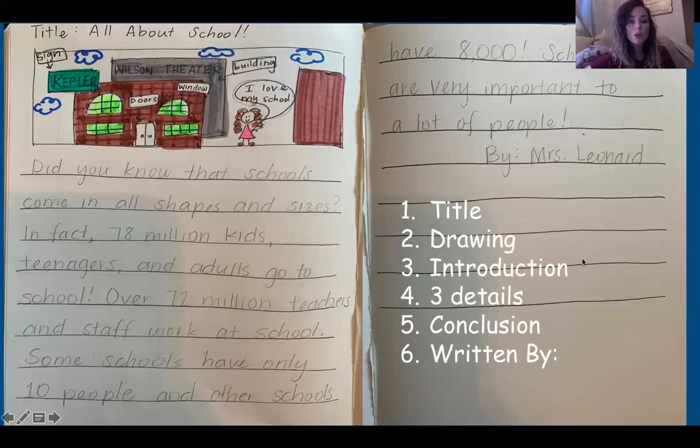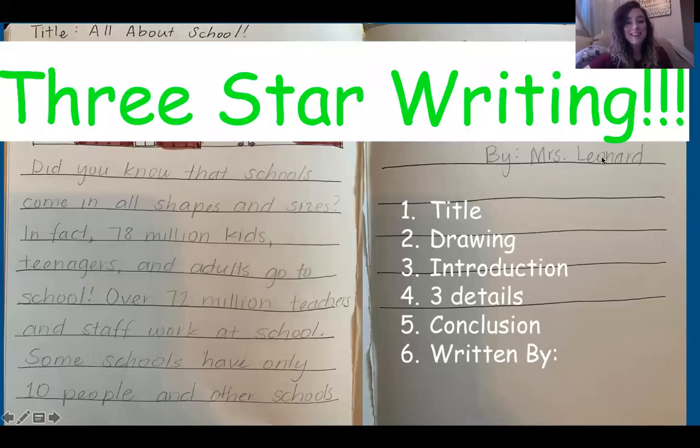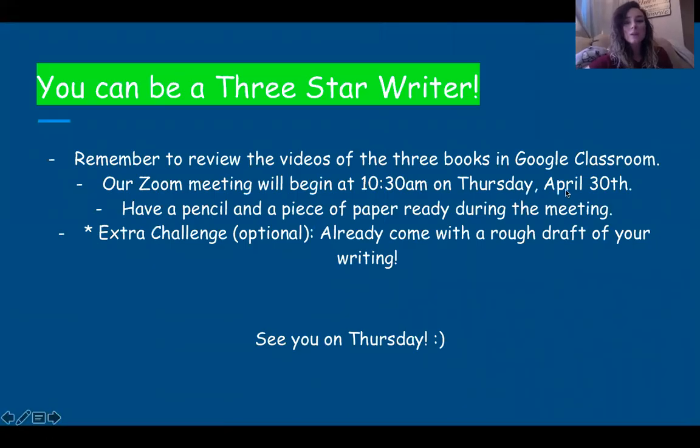We have an introduction, and that introduction, I think, pulls in the reader to make them want to read even more. We have 3 details, a conclusion, and I've also included who it was written by, because we need to know if it's written by you. If we don't know it's written by you, then we won't know who wrote it and who the 3-star writer was, which means that's correct. That is 3-star writing. So you can be a 3-star writer too.